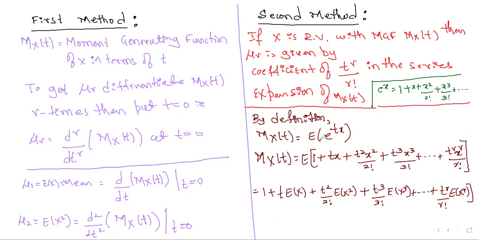And what this statement, the second method, is telling us is that mu_r is the coefficient of t^r divided by r factorial.